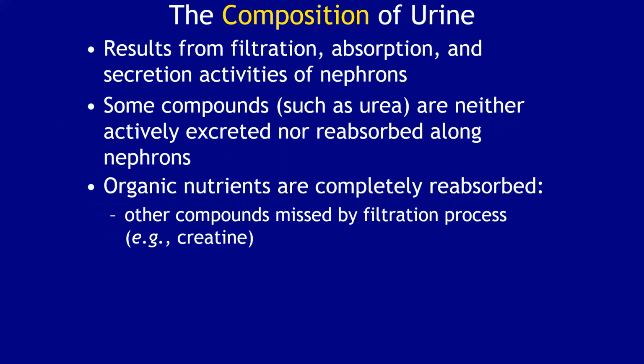So urine has the composition that it does because of filtration and absorption and secretion at the level of the nephron. So urea is neither actively excreted nor absorbed along the nephron. It's going to pass into the filtrate at the renal corpuscle.